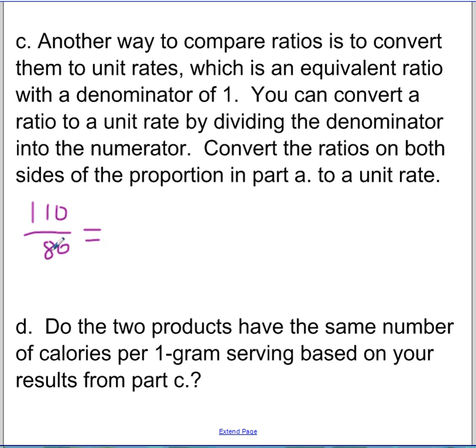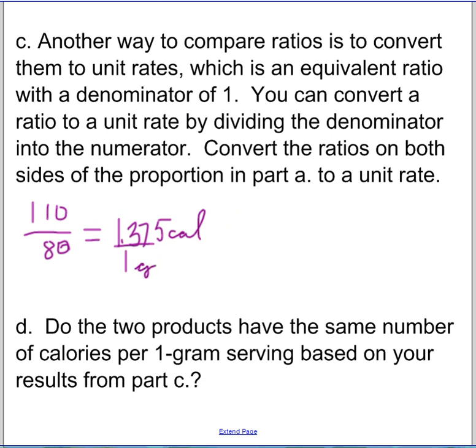So we're going to divide our 80 divided by 80 to get 1, and 110 divided by 80, and we get 1.375. So that's 1.375 calories per gram, or per 1 gram serving.